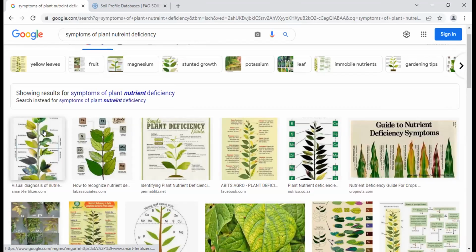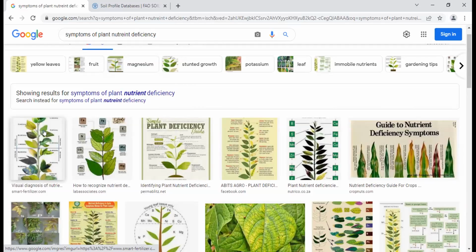The second is to go to the profile, because the profile goes deeper, so you can identify the soil properties within a longer range. But after the establishment of the farm or agricultural project, you can use the plant itself as an indicator of soil fertility or the general condition of the soil.